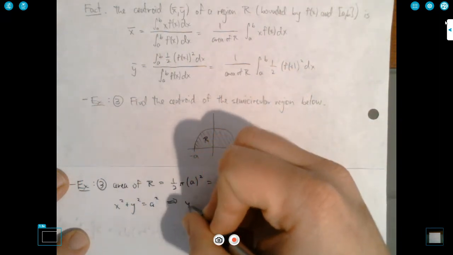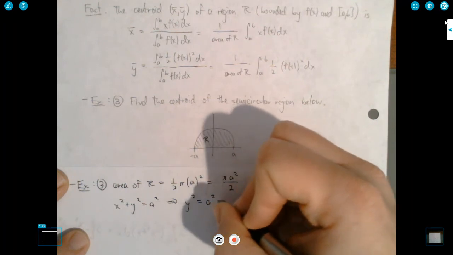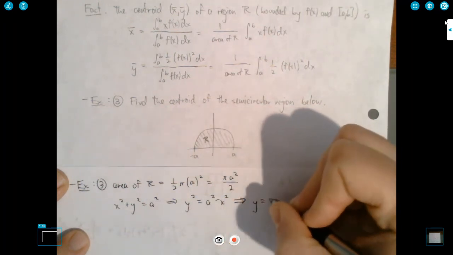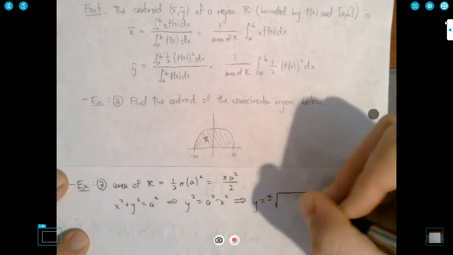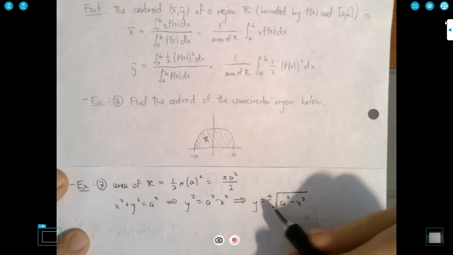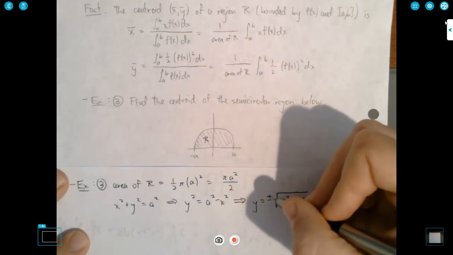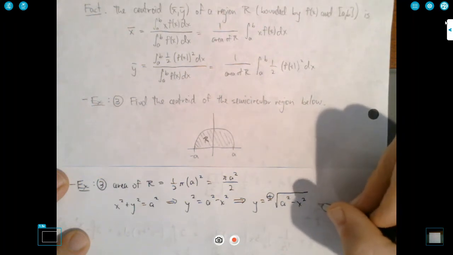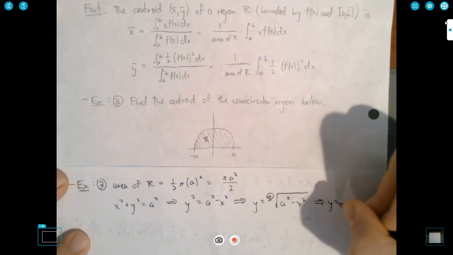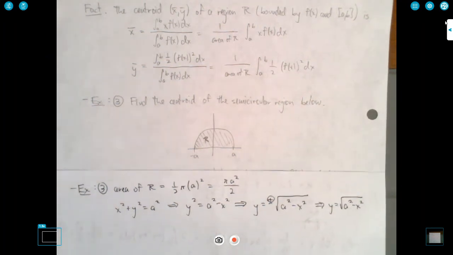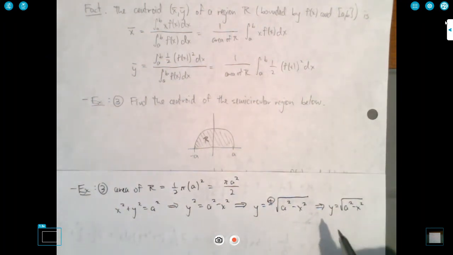So y squared is a squared minus x squared, and y equals plus or minus the square root of a squared minus x squared. But the negative is going to give us the bottom half of the circle, and that's not what we want. We want the top half of the circle. So we'll take y equals square root of a squared minus x squared. Okay, so that's our function.